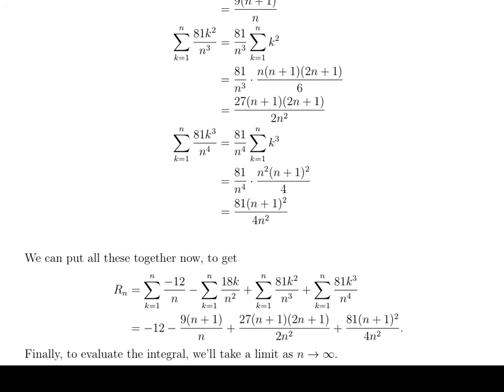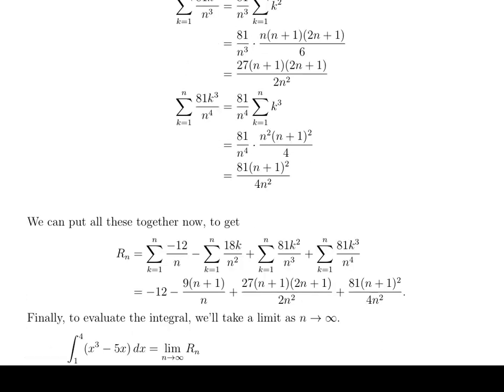So in order to evaluate the integral, we're going to take a limit as n goes to infinity of this expression that we came up with. All right, so the integral from 1 to 4 of x cubed minus 5x dx is the limit of r sub n. And we're going to put this giant expression that we came up with for r sub n in here.